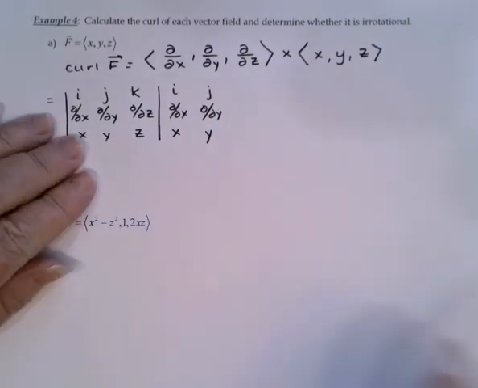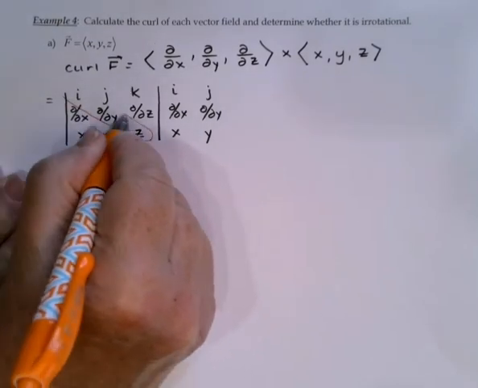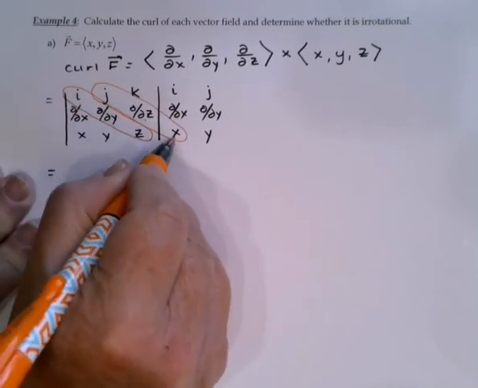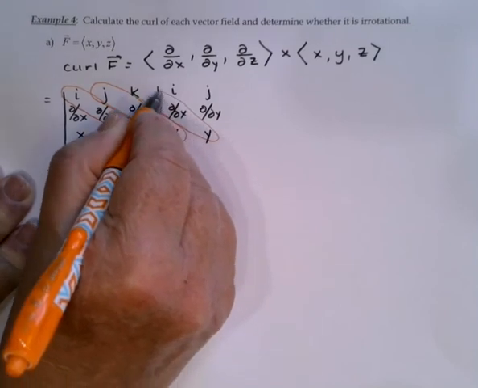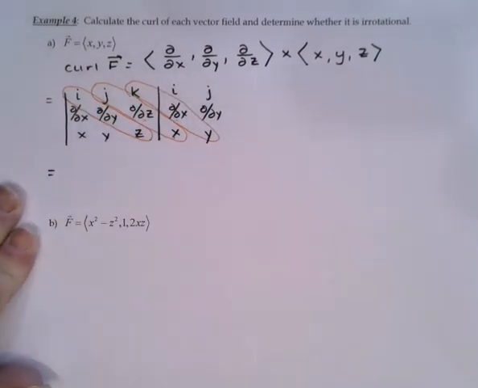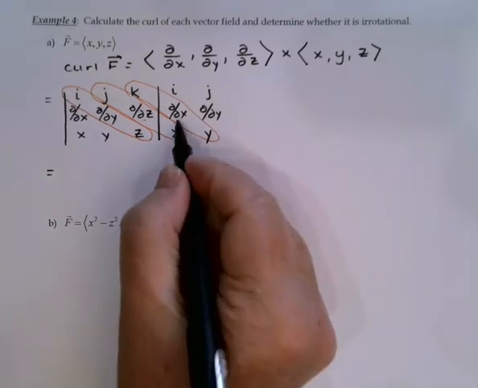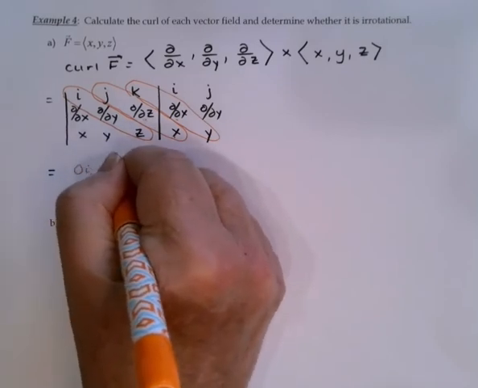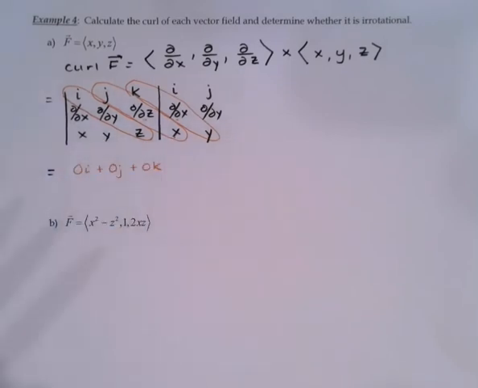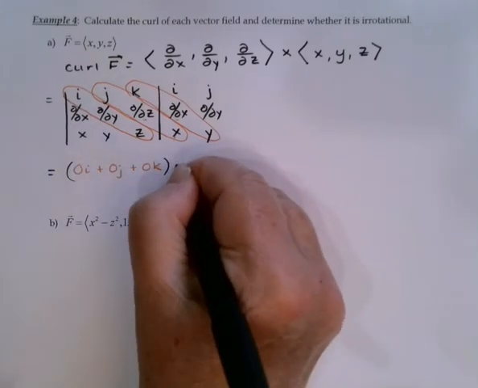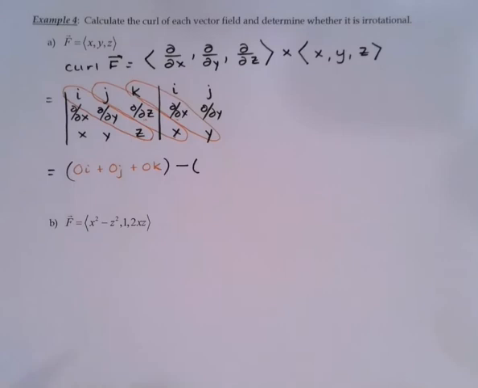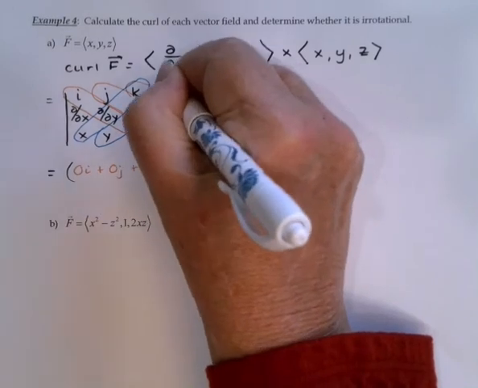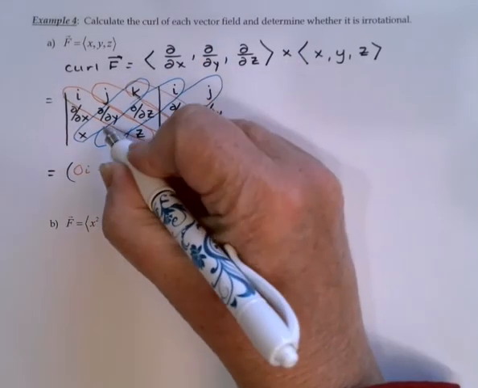which is going to give me 0 here, 0 there, and 0 here, right? In every case, we're taking the derivative of something with respect to a different variable. So all of these are just going to give me 0. Minus, and again, same idea.